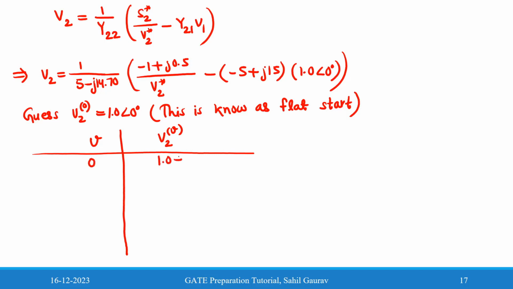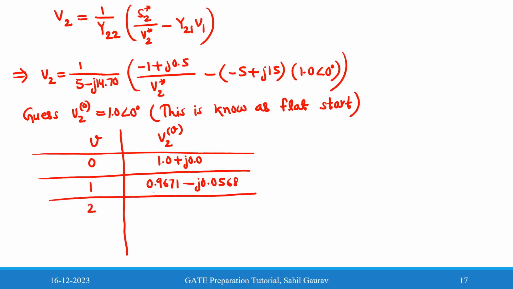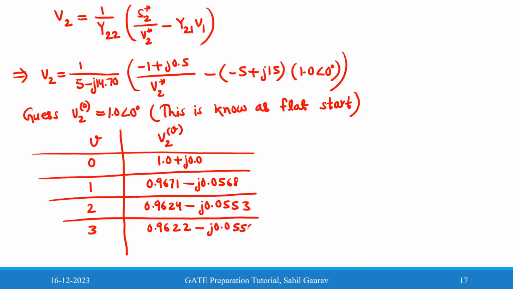So the first iteration gives 0.9671 minus j0.0568, then 0.9624 minus j0.0553 for the next, then 0.96 minus j0.0566.